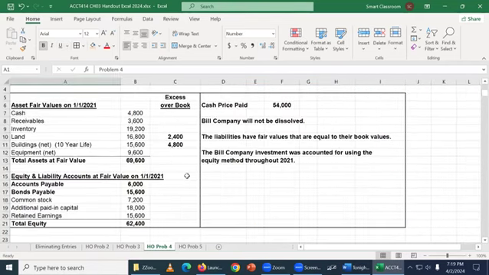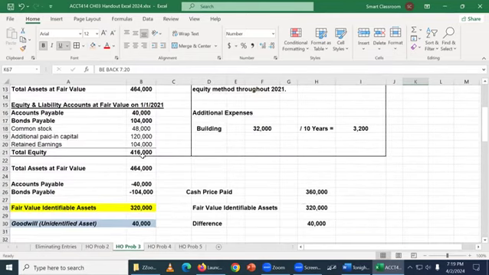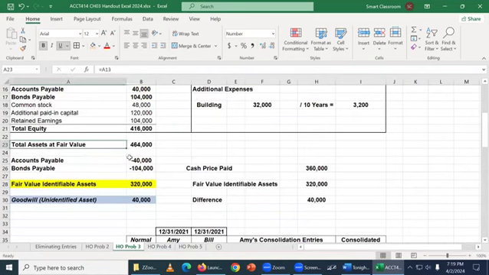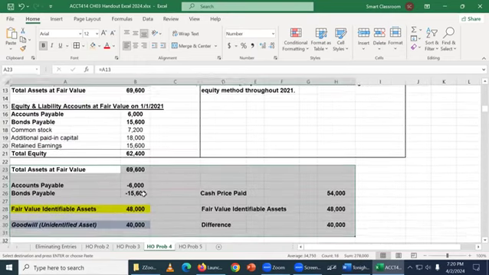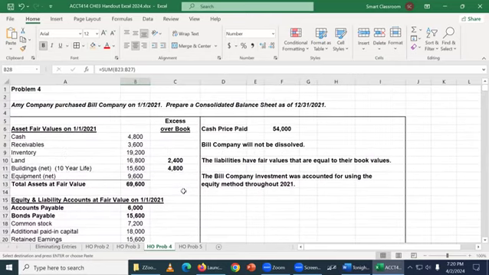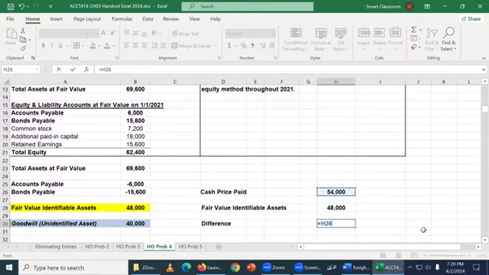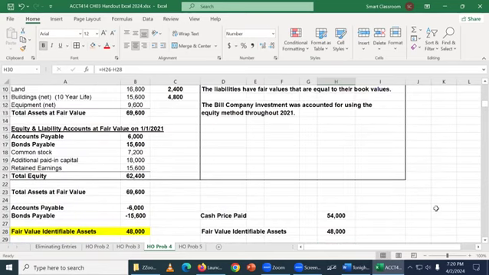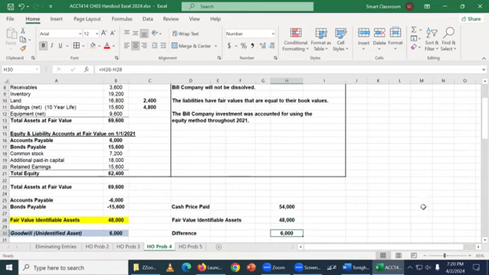Okay, we'll go into chapter or problem 4. Okay, problem 4, looks like goodwill should be 6,000.